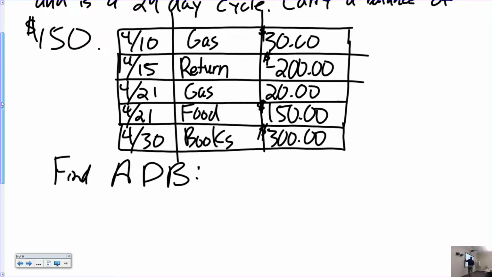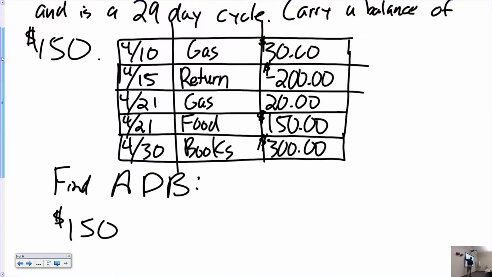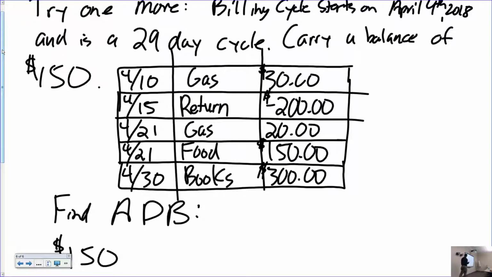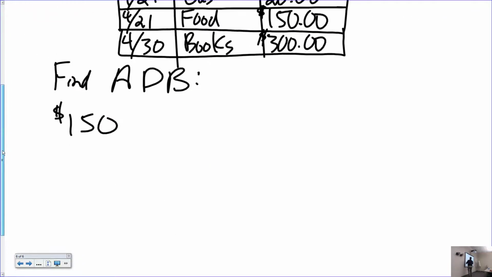Sorry. So we're at $150. Now, how many times did that $150 repeat? 6. Why 6? From the 4th to the 10th, what's 10 minus 4? 6. All right, so you guys see the trick, right? 6 days.